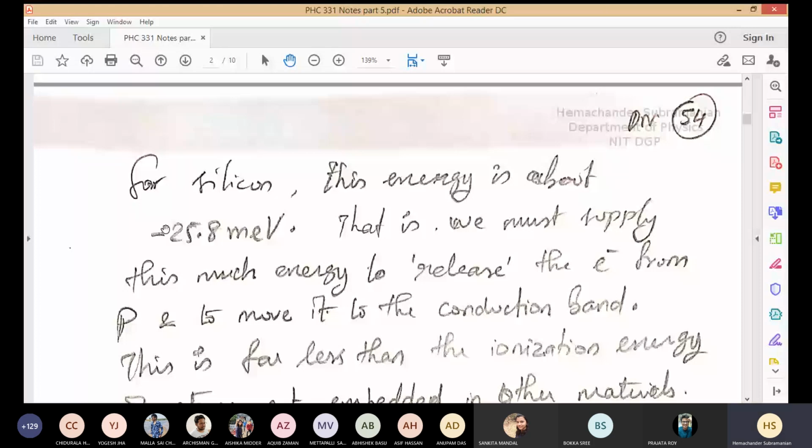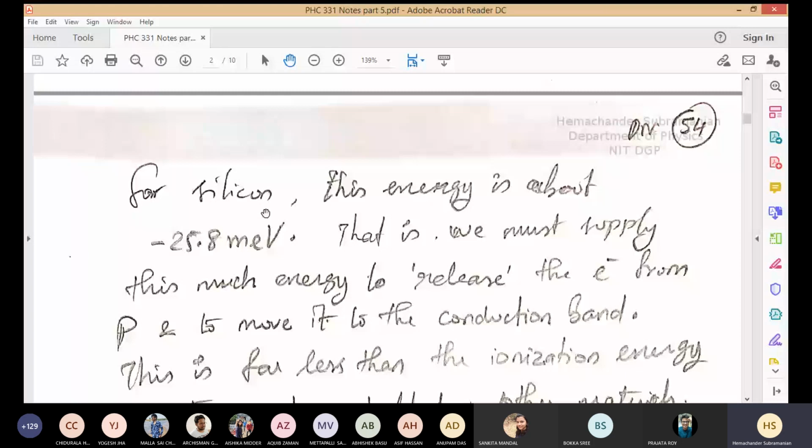So when you look at the semiconductor with impurities at temperature T equals 0, when there is no temperature, the electrons are going to be bound to the phosphorus atoms. If you're doping it with boron, let's say, then the holes are going to be bound to the boron atom.